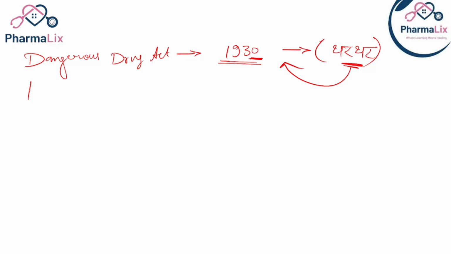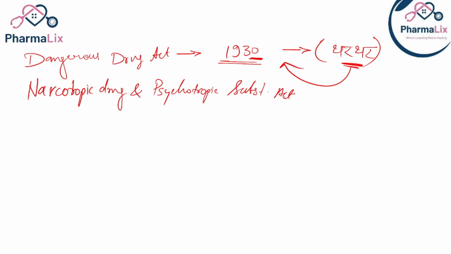And then we have the Narcotic Drug and Psychotropic Substance Act, and we can also call it NDPS. So NDPS was enacted in 1985.